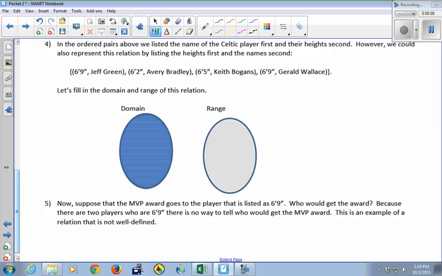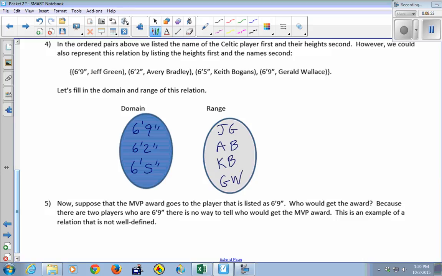Okay, so my heights now go in here, 6 feet 9 inches, 6 feet 2 inches, and 6 feet 5 inches. And I'm not going to repeat the 6 feet 9 inches. Right, I'll just do a double arrow somewhere. All right, so then I've got Jeff Green, Avery Bradley, Keith Bogans, and Gerald Wallace.